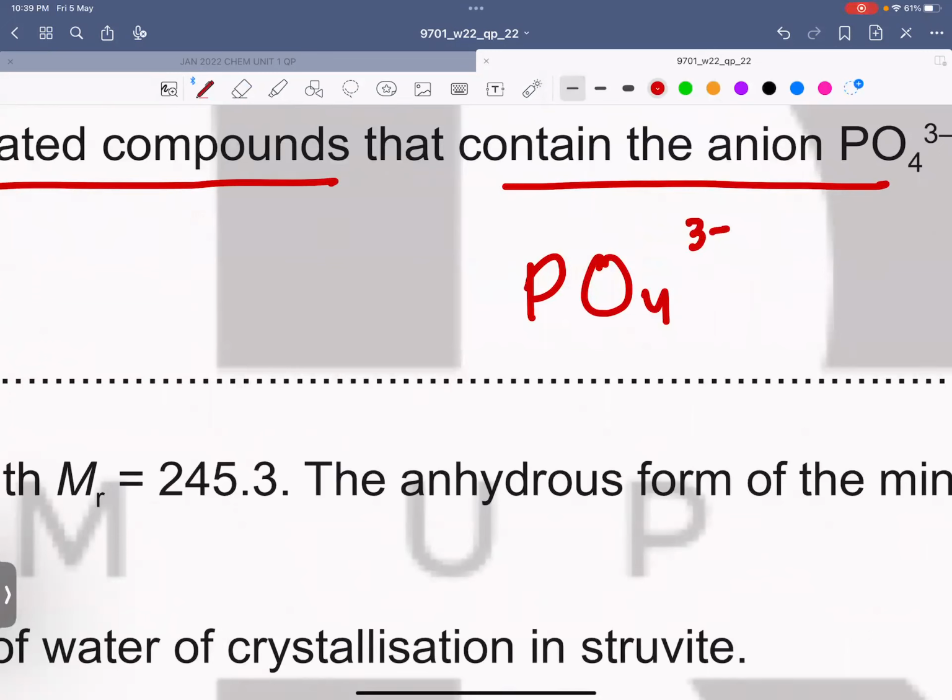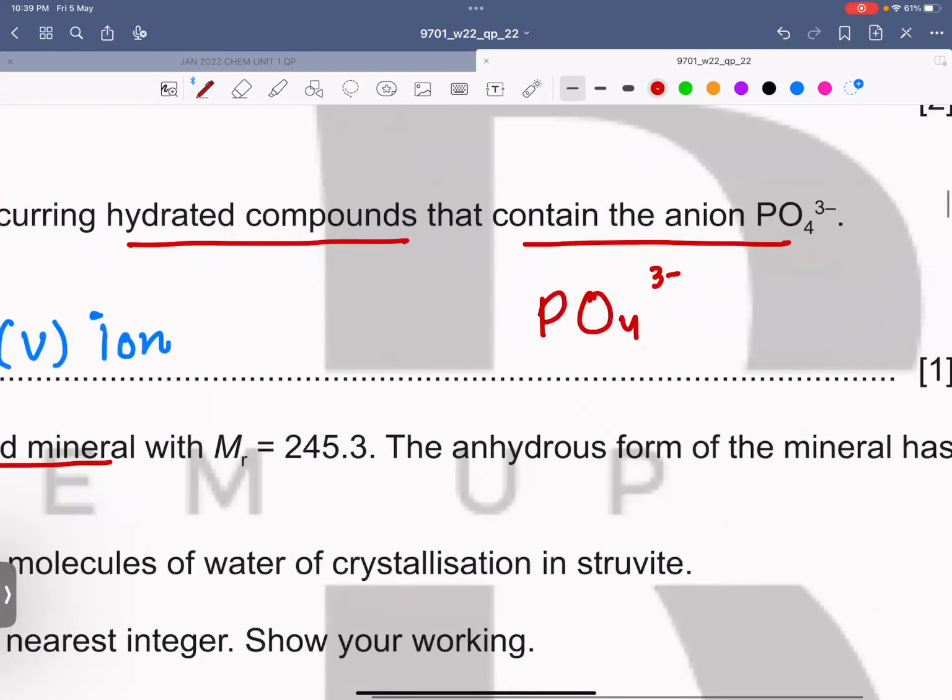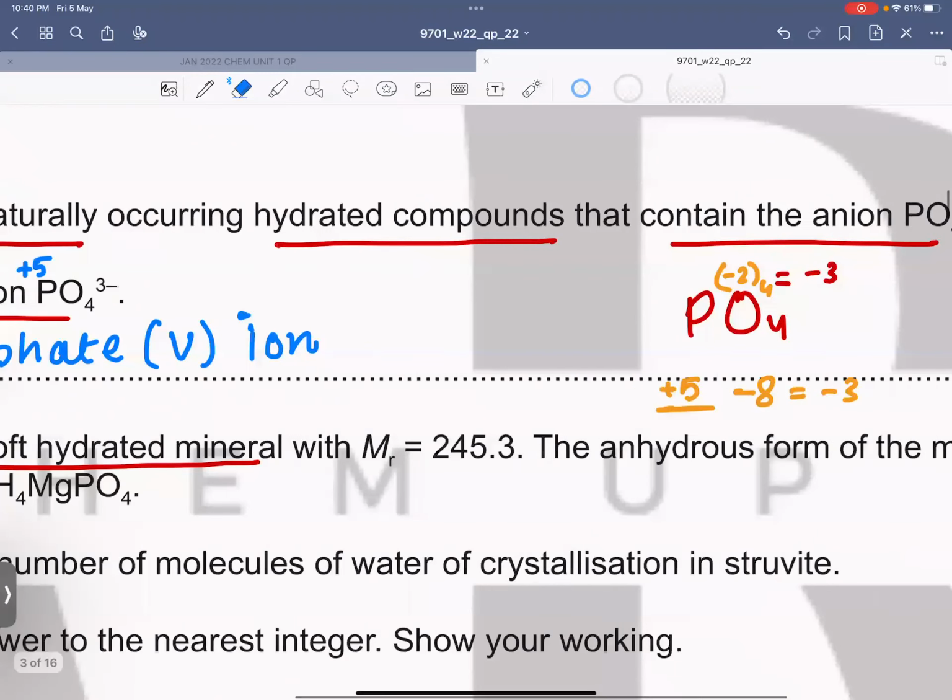No, phosphorus is in group 5. It's group 15. So the net charge is -3, right? Oxygen has -2. There are 4 oxygens, which makes -8, and the net charge is -3. So what would the charge over here be? It must be +5. That's why we are getting -3 over here. That's why phosphate(V) ion.